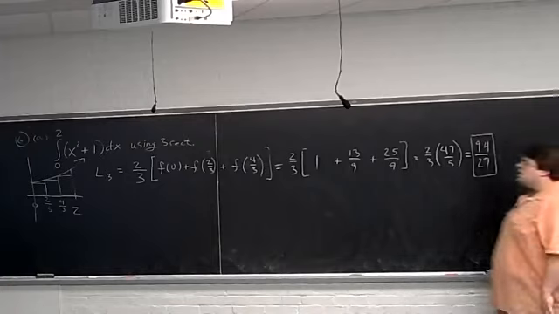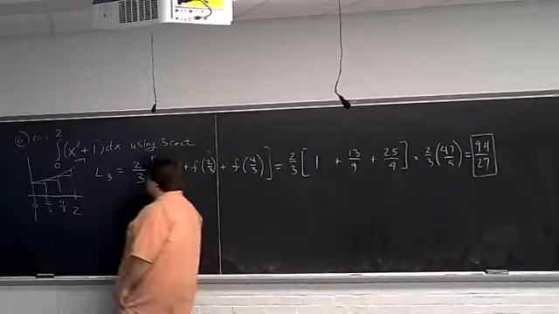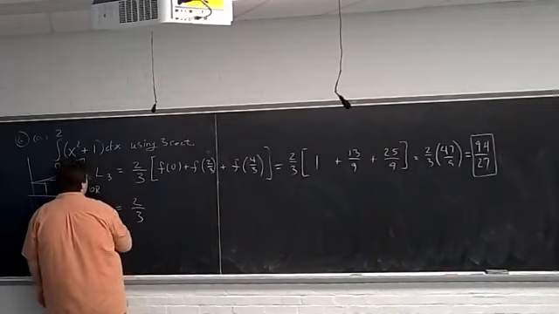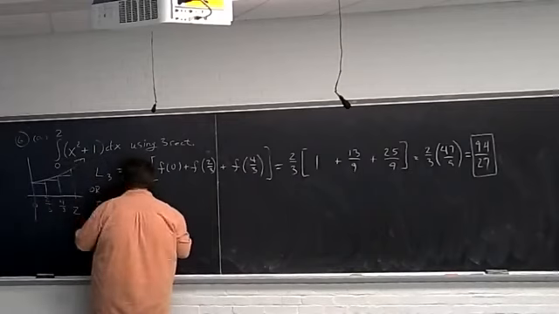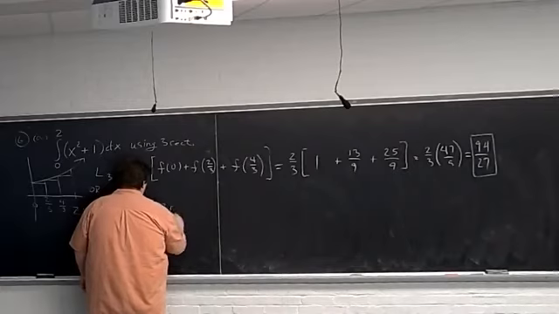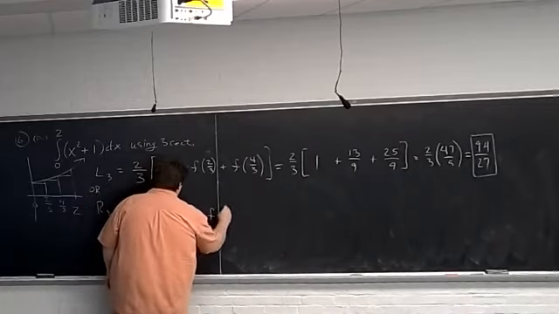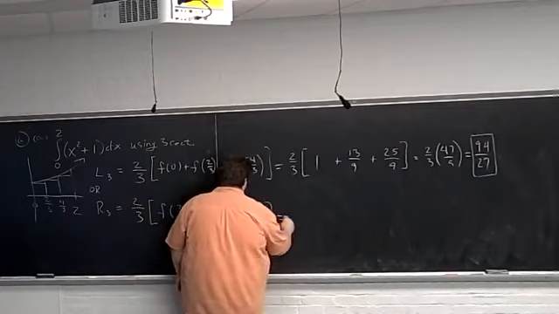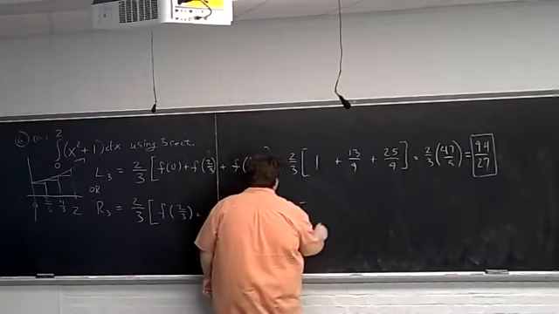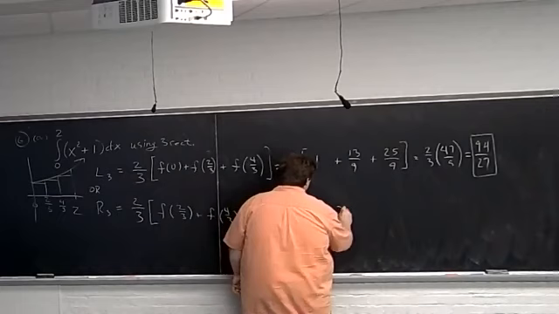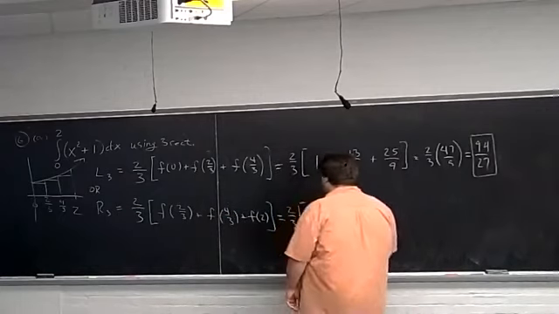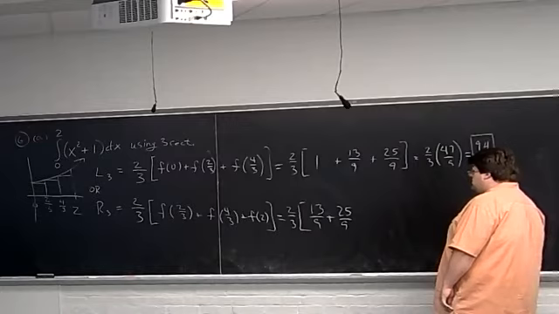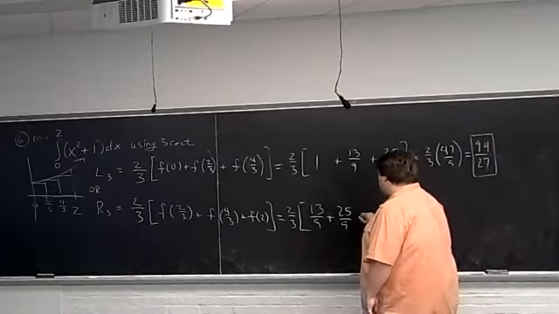But what if you did the right-hand approximation? Well, it would look pretty similar. The right-hand endpoints and over approximations start at 2/3 instead. So we get 2/3 times 13/9 plus 25/9 plus what?